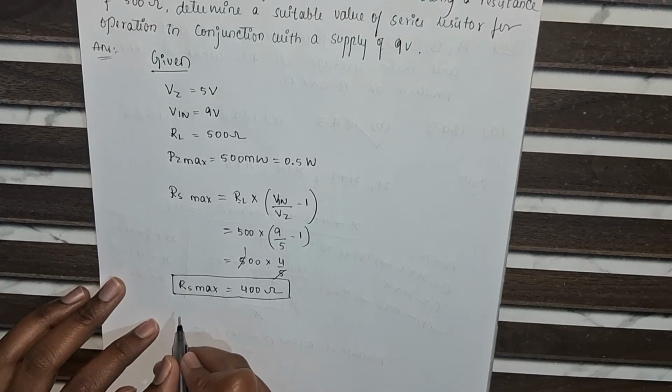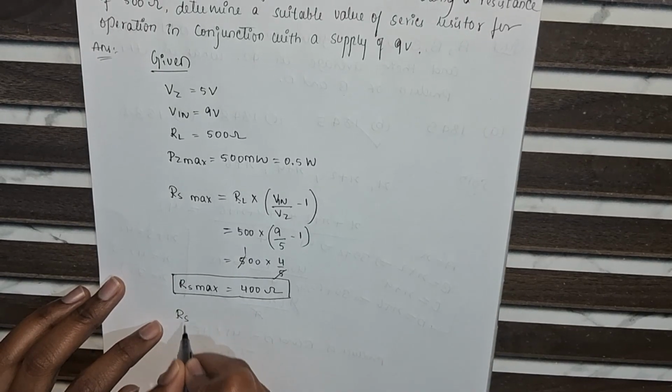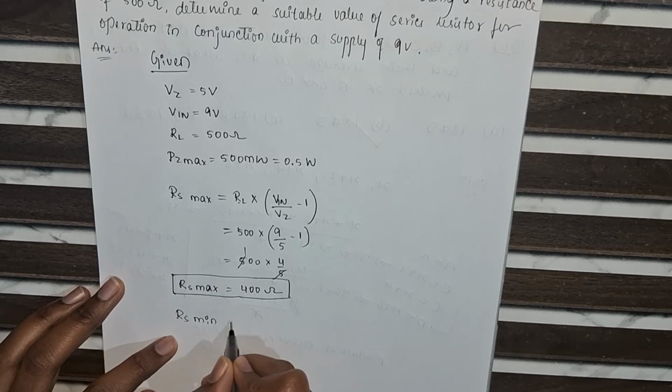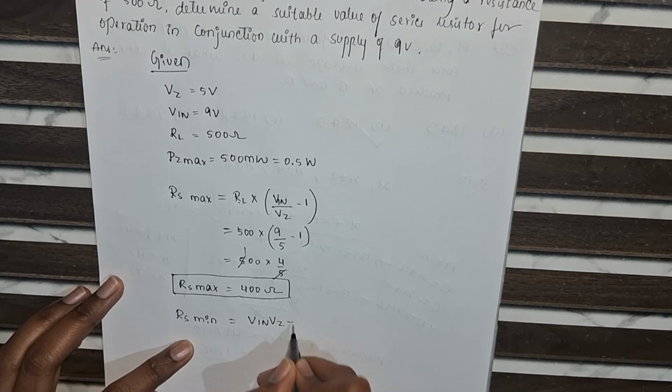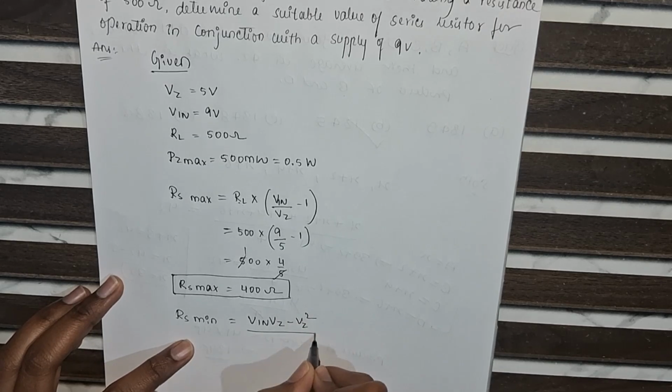Next we need to find out the minimum series resistance. For this we have to apply the formula, that is V in minus Zener voltage, whole square, divided by maximum Zener power.